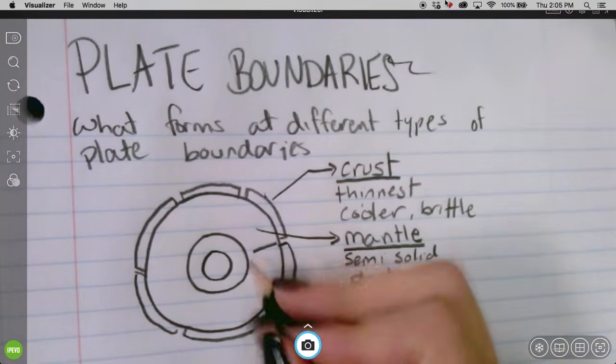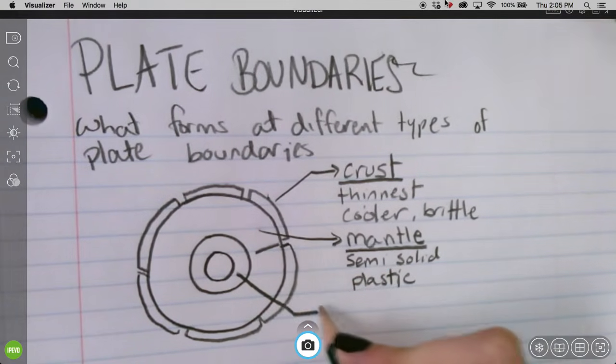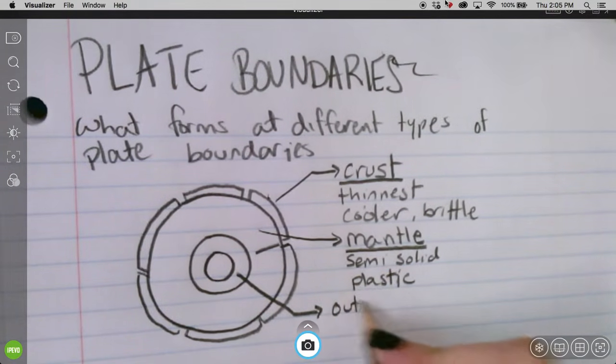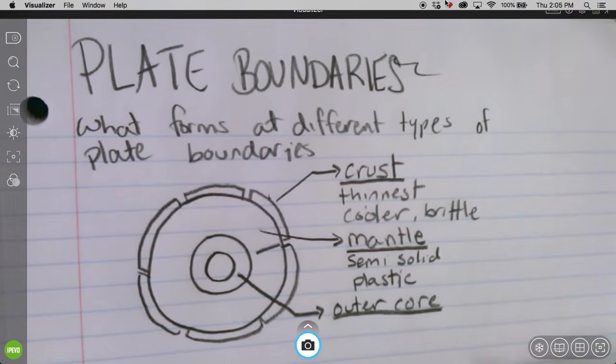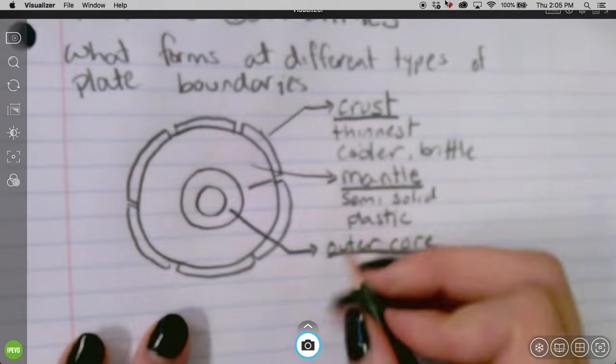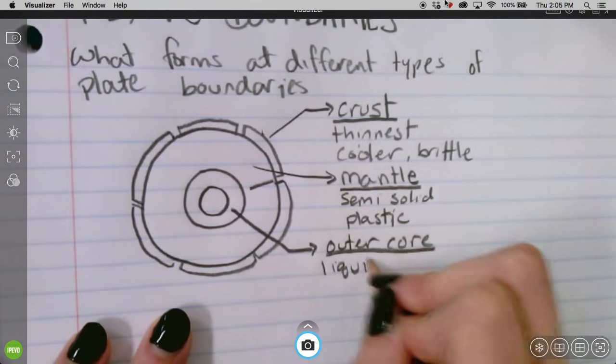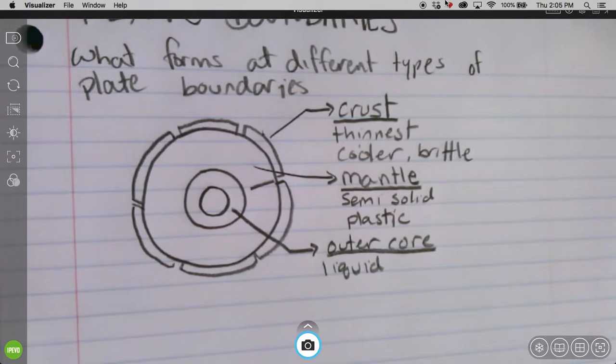All right. The further in we go, we have the outer core. What's fun about the outer core is that it is actually the only layer that's entirely liquid. We're going to talk about how we know these layers are liquid and solid later on in this unit.